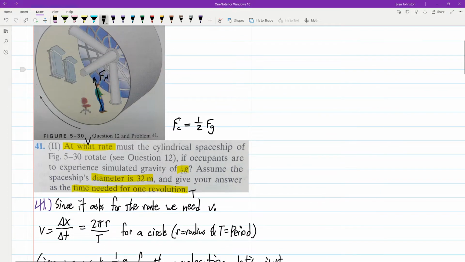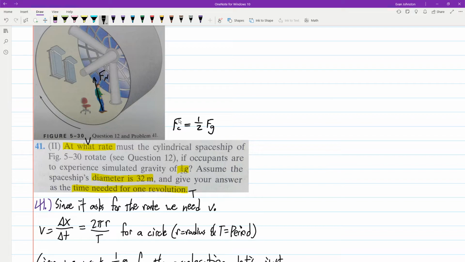Well, it's asking for the rate, the speed. And I know from my math classes that speed is 2 pi r over t, because the distance is the circumference of the circle here. So it's 2 pi r, and the time to go around once is t. And this is helpful because it's asking us to get it in these terms here.